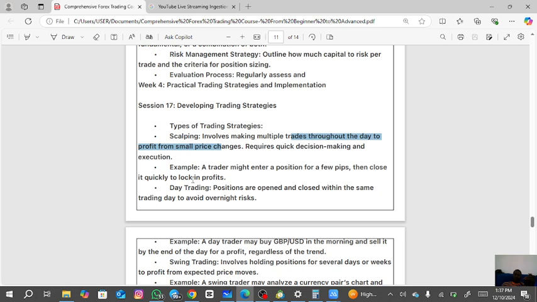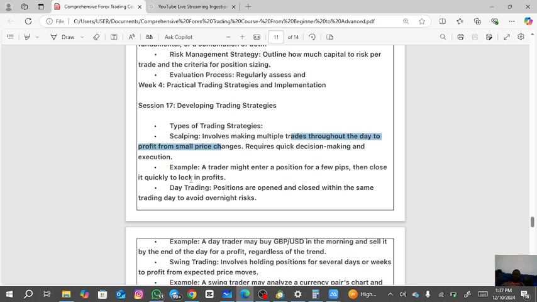That's scalpers for you. They take a trade quickly and exit it quickly for just a few pips, and close their profit. They close their trade within minutes, within an hour, right?